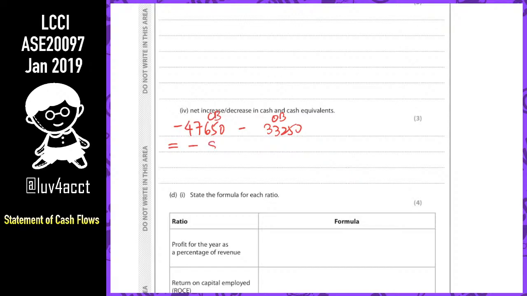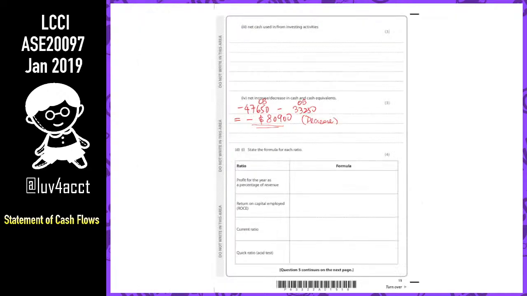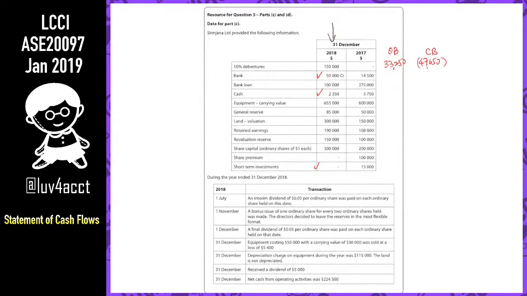That means we have a negative change, 80,900. That would be a decrease. For me, I would prefer, apart from giving a negative sign, to write that it is a decrease. So done for one part.